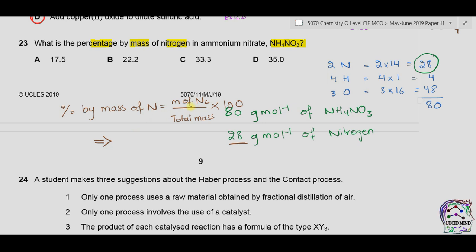Now by putting values, we have 28 grams per mole of nitrogen divided by 80 grams per mole of ammonium nitrate. So the percentage comes equal to 35%. The answer is therefore D.